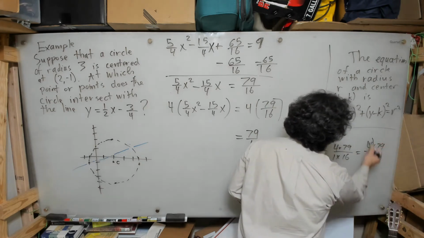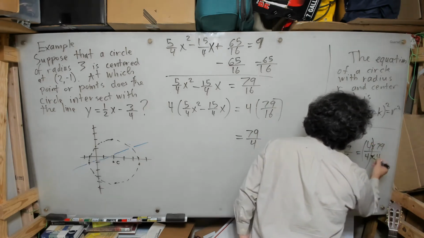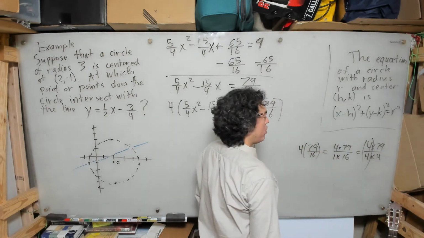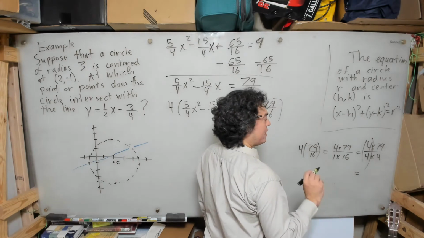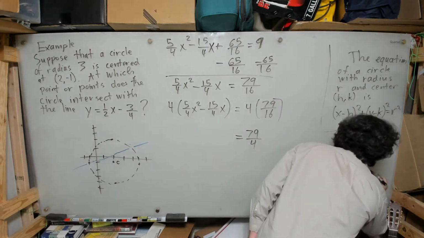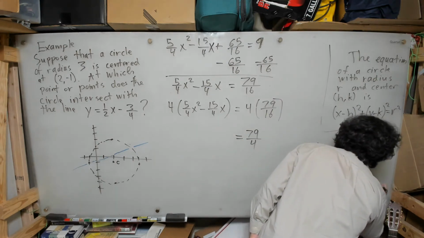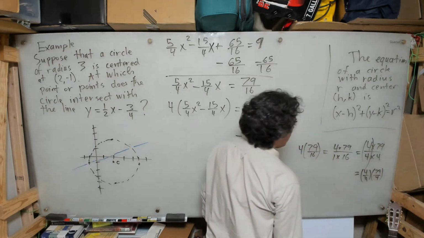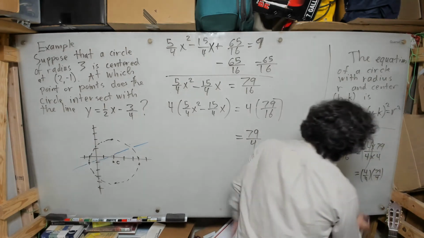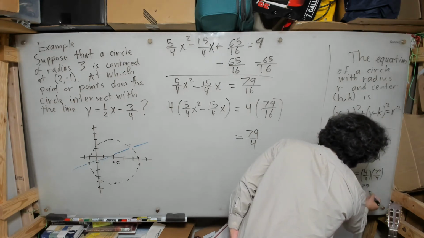Now, if I have 4 times 4 over 4 like this, that's the same as 1. It is exactly as though I'm multiplying the two fractions, 4 over 4 times 79 over 4. But then 4 over 4 is 1, and so I can just write 79 over 4.